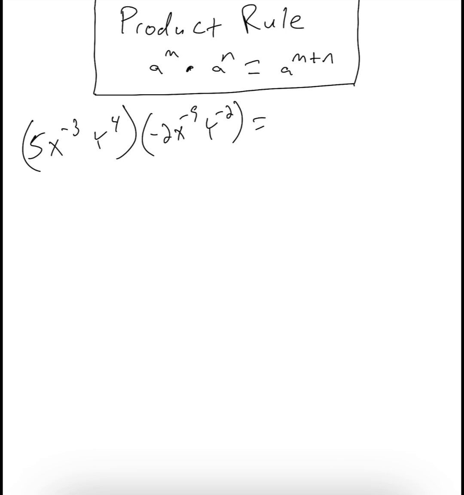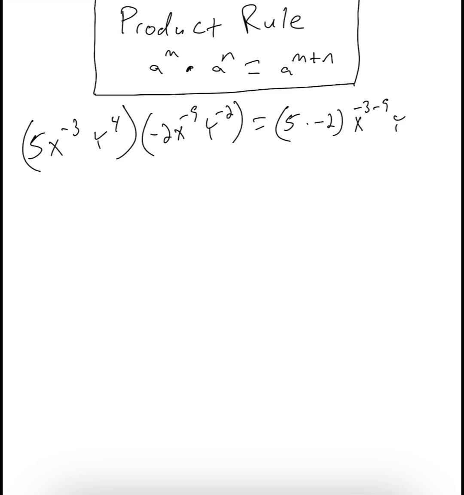We have 5x raised to the power of negative 3 times y raised to the power of 4, all times negative 2x raised to the power of negative 9 times y raised to the power of negative 2. So first we're going to pull out our 5 and negative 2. Then we have x raised to negative 3 plus a negative 9, which would equal negative 9... which would equal negative 12.